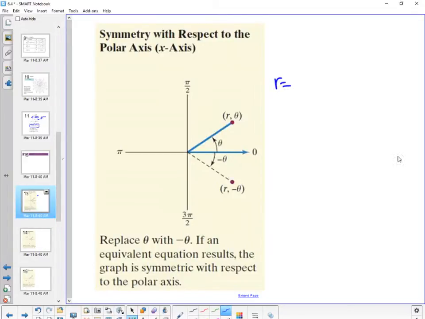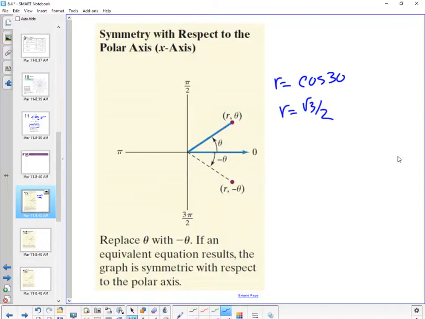R is equal to, we'll just do cosine 30, okay? Technically, what is the cosine at 30? 1/2? No, it's not 1/2. It's radical 3 over 2. So technically, there's my equation.